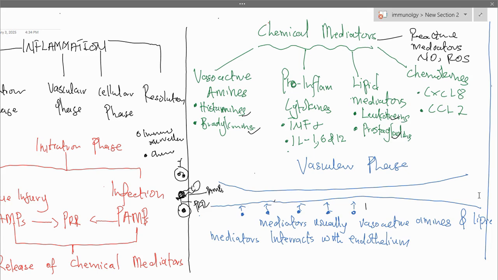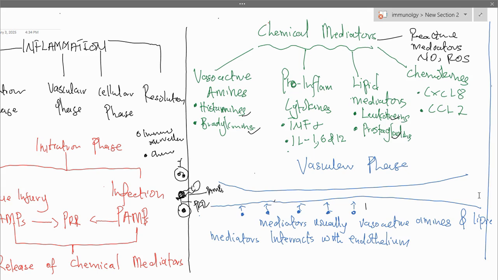Sometimes we can talk about interleukin 1, interleukin 6 and interleukin 12 also having their influence on the vascular phase. But mostly it's the histamines, the bradykinins, the leukotrienes, the prostaglandins, and then sometimes the nitric oxide and the reactive oxygen species. What they do is that they interact with the endothelium.